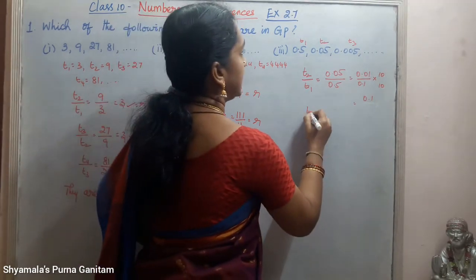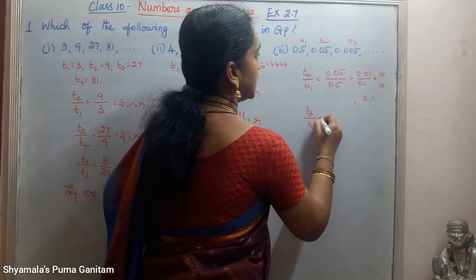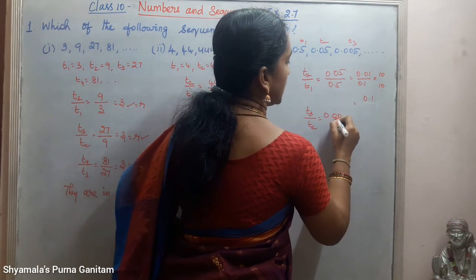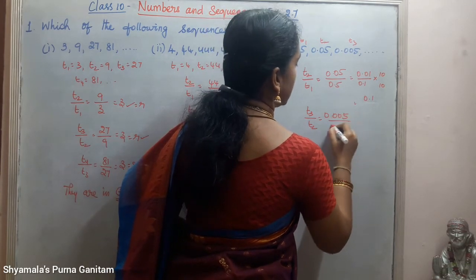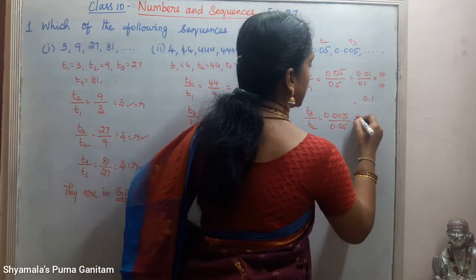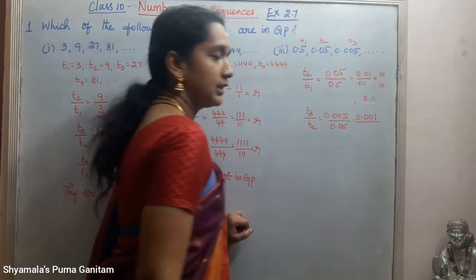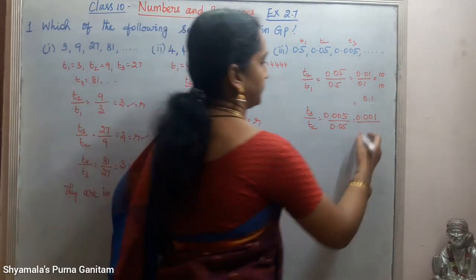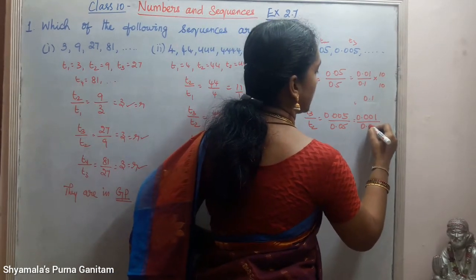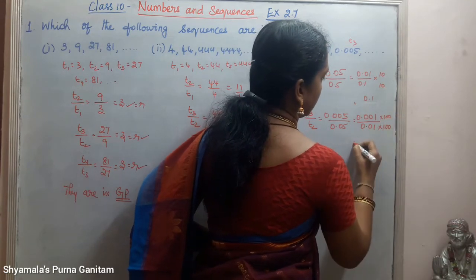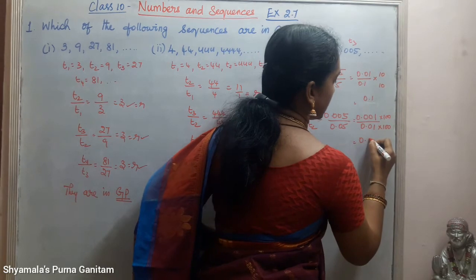Okay. Then T3 by T2 is equal to 0.005 by 0.05. So 0.001 when I am simplifying it by 5. Then the denominator is 0.01. So multiplying by 100, I will get 0.1.